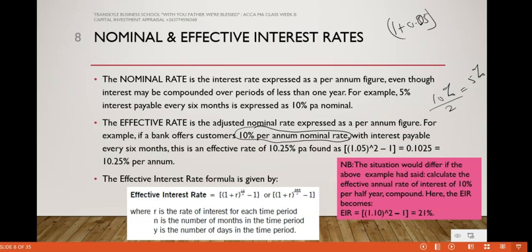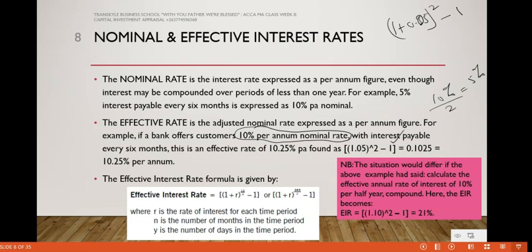In this case we are paying interest every 6 months. That's one period. So 6 months is a period, another 6 months is a period. So we have got 2 periods in which we pay interest. So to the power 2, and we then have to say minus 1.